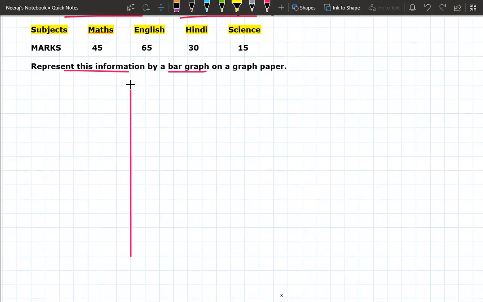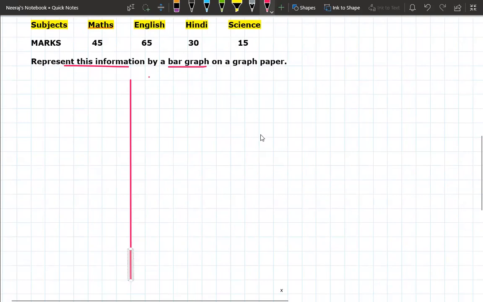This is your y-axis, which is a straight line, a straight edge. Now we have to write y-axis, giving a name to this axis.